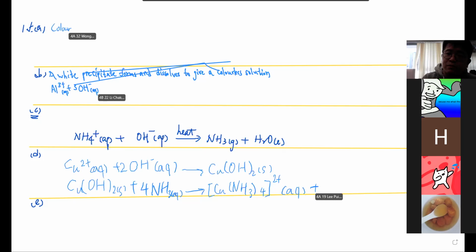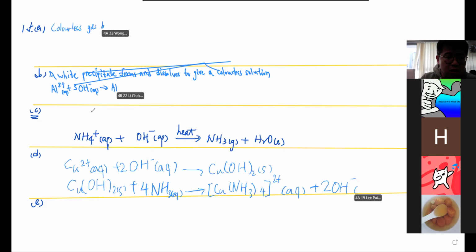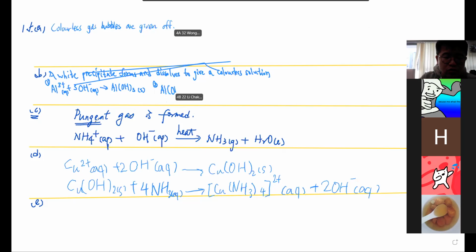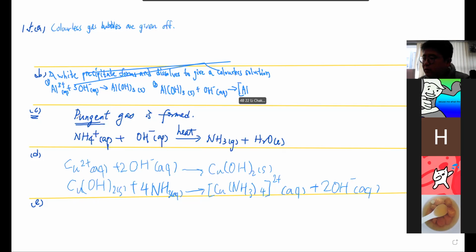We would describe the gas as pungent. Yes, very good. Pungent gas is therefore formed. Pungent means that it is difficult to breathe in, a very nasty smell. So we call it pungent. Pungent gas is formed.